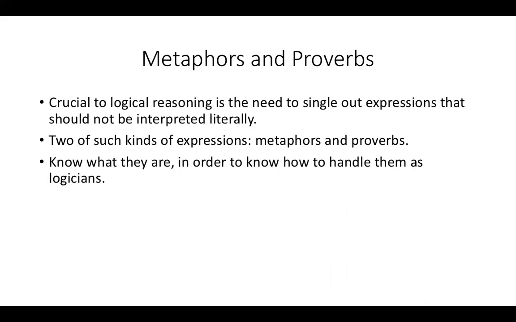Now let's look at metaphors and proverbs. It is crucial to logical reasoning that we single out expressions that should not be interpreted literally. There are certain expressions we don't interpret literally. Two such kinds of expressions are metaphors and proverbs. We need to know what they are in order to know how to handle them as logicians.